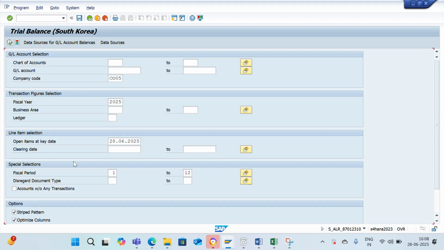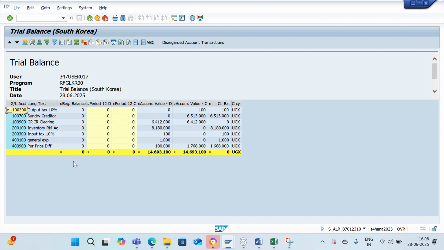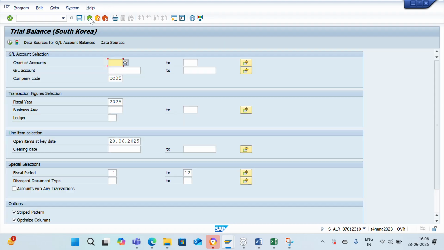Let me execute this. Enter. Here you see I did not give any GL account. Let me just give those two GLs so that we are not confused. 100300, 100700. Execute.